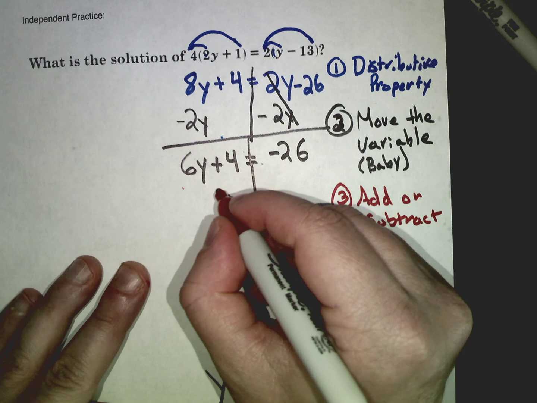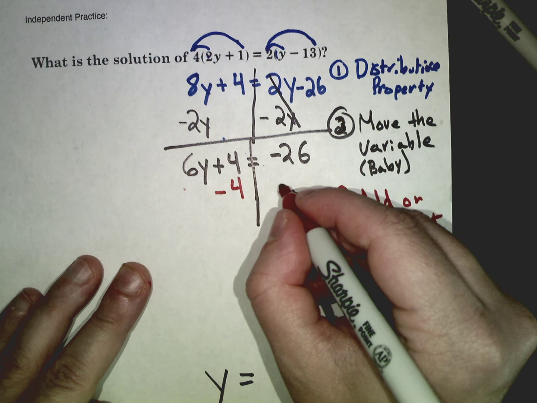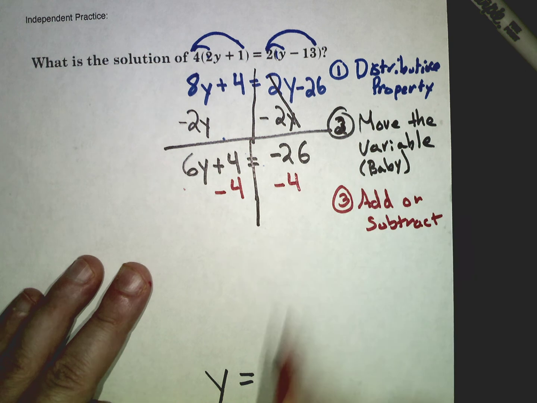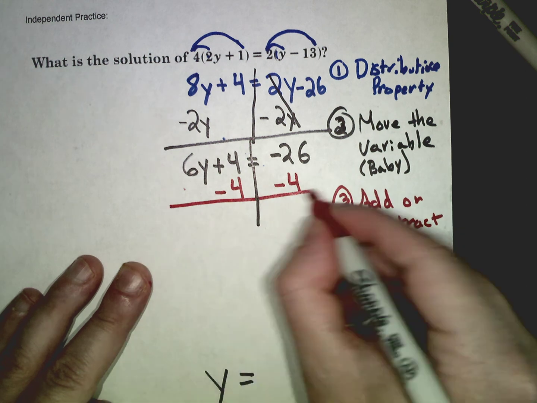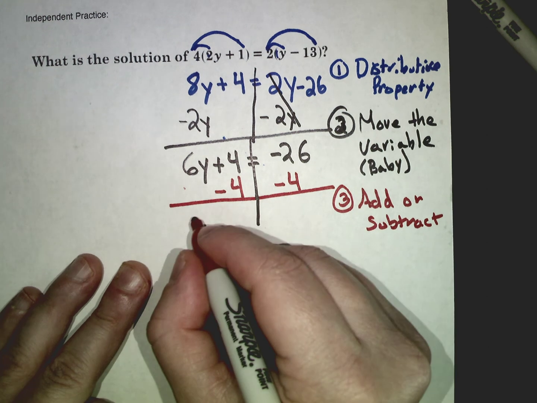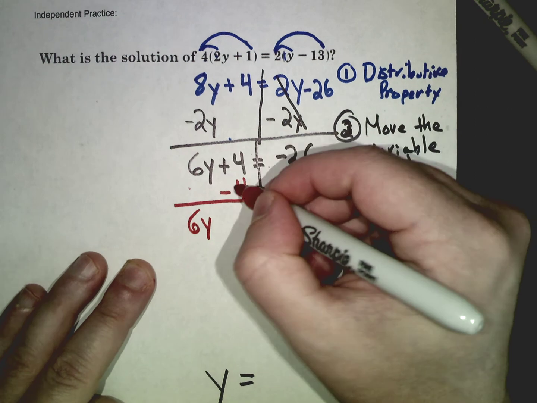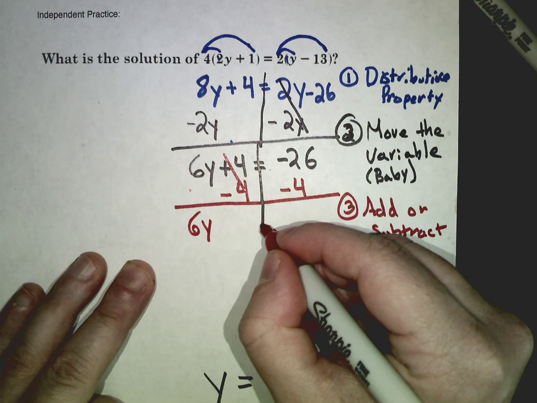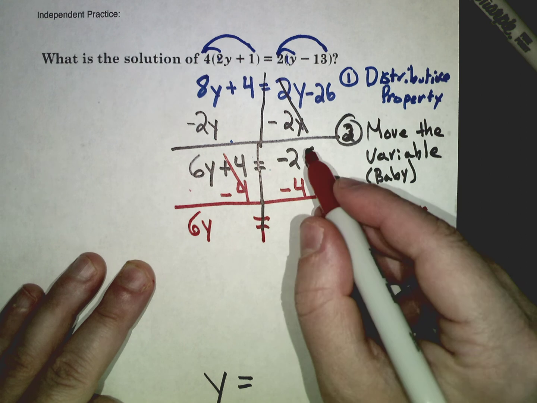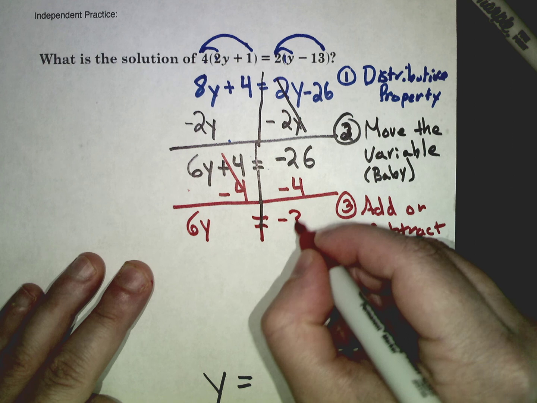And since it's plus 4, I do the opposite, minus 4. I come over here, I do minus 4. I bring down my 6y because there's nothing doing there. 4 minus 4 is just 0. Bring down my equal sign. Negative 26 minus 4 in my calculator would come out to minus 30.